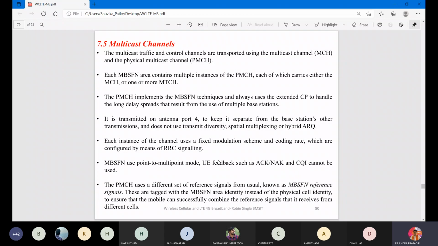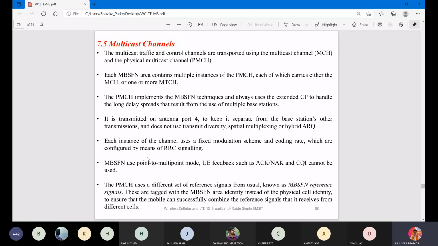Right. And when we are transmitting to this multipoint, one thing we have to observe is that there should be a fixed modulation scheme and a fixed coding rate. Otherwise one would receive at a fast rate, one at a slow rate. So you should not change these values.